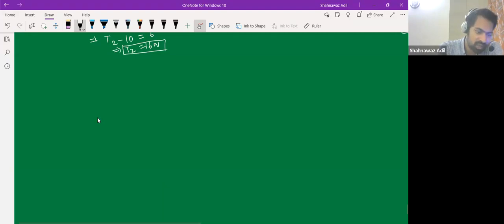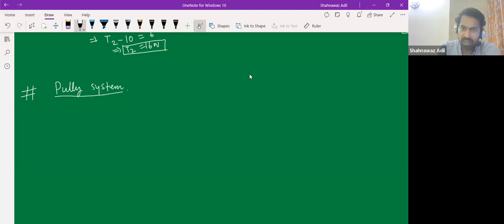Keeping that in mind, we have another thing added to the system: a pulley system. So what does it do? Let's say we have some pulley and some masses hanging from it.